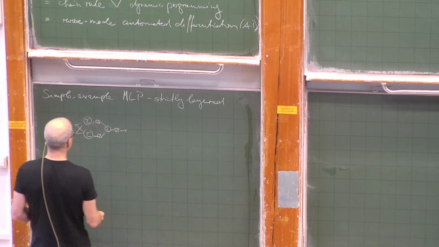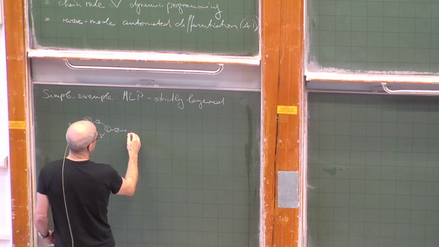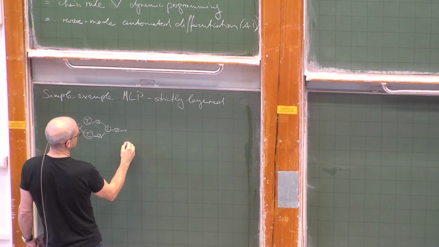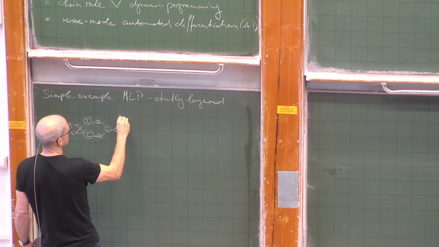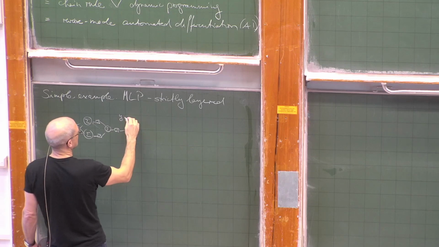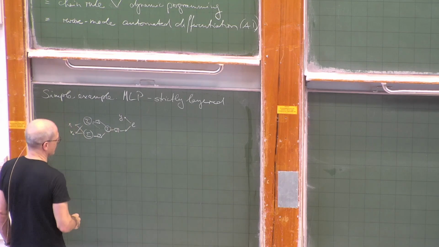And then we can compare this output to some ground truth label. And together this is evaluated in some loss function.